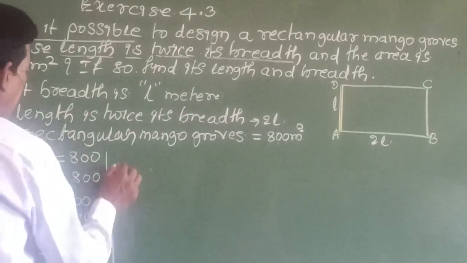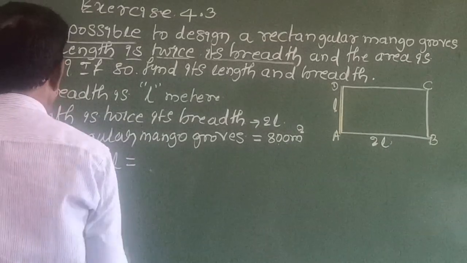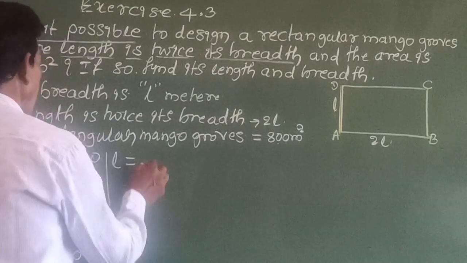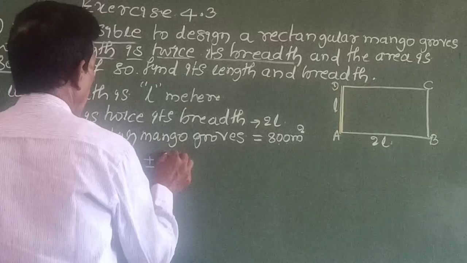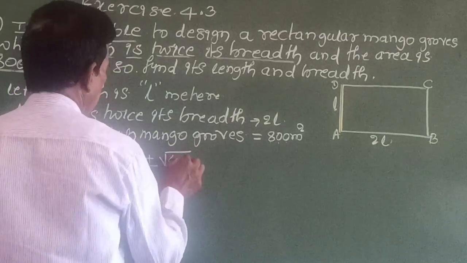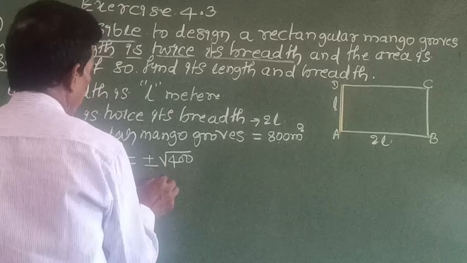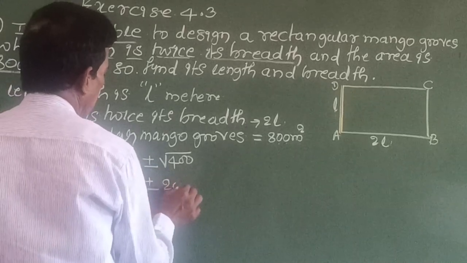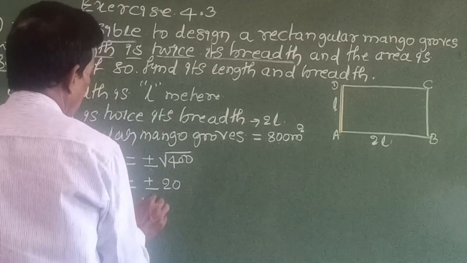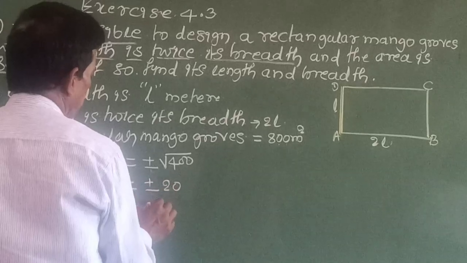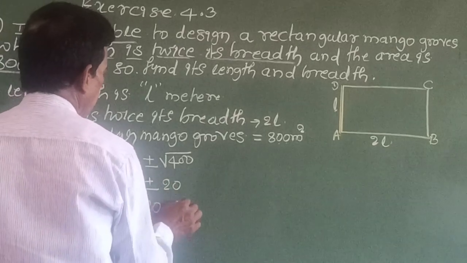Next, L equal to plus or minus root of 400, so L equal to plus or minus 20. L cannot be minus 20, so it is plus 20 meter.